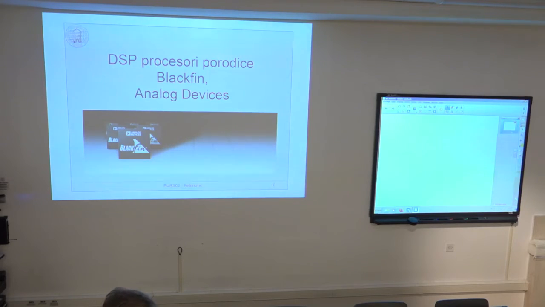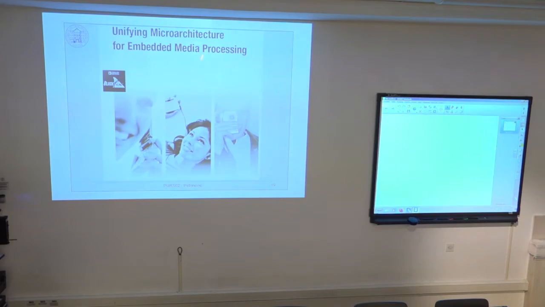So not having a dedicated CPU for the main processor and a dedicated CPU for the DSP, which are communicating with some kind of inefficient communication channel that has bottlenecks. Analog Devices decided that they would have this kind of unifying micro architecture for embedded media processing. The main application domain was obviously, as shown here in this illustration, digital cameras, mobile phones, and so on for entertainment purposes.